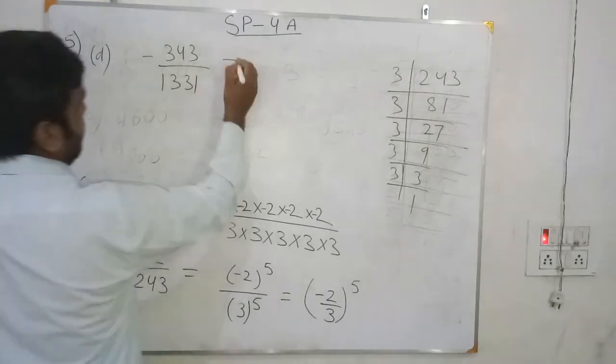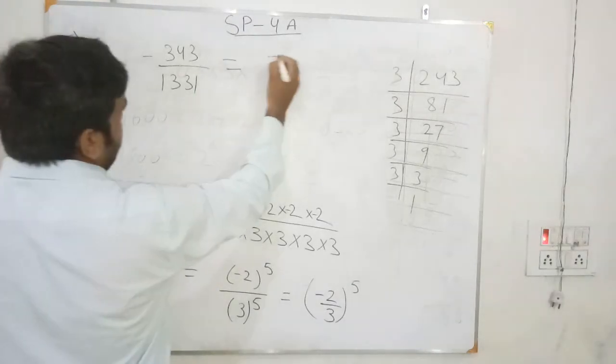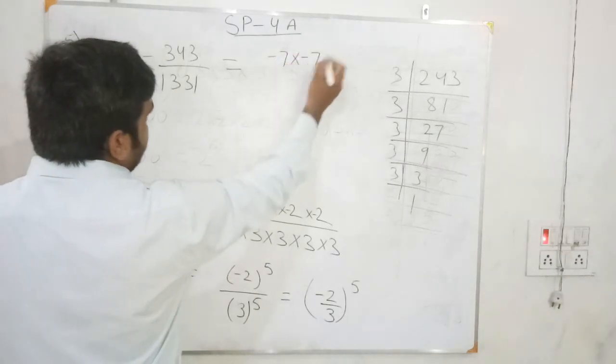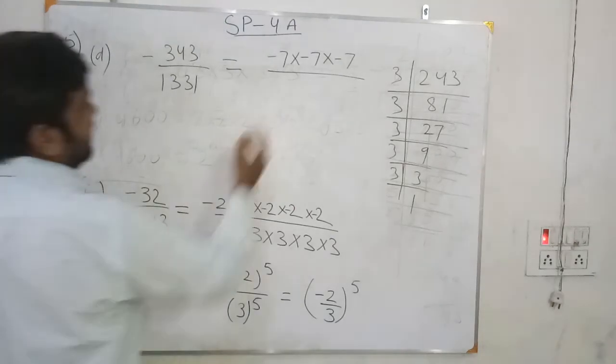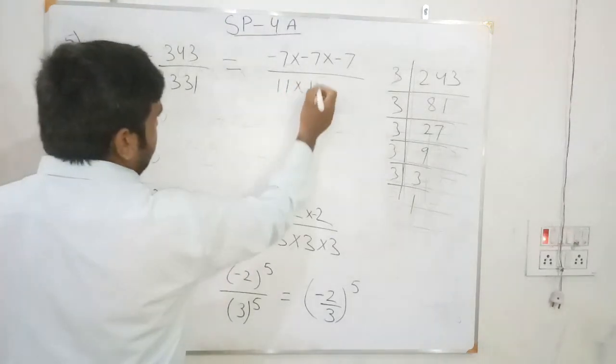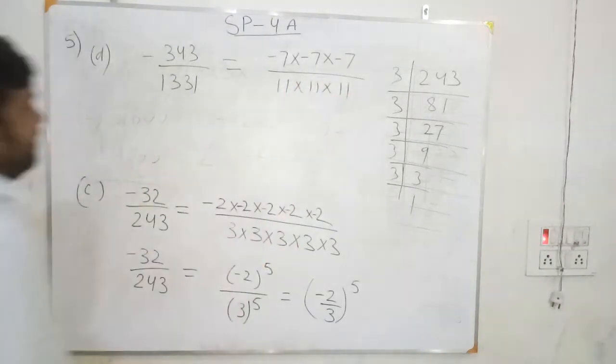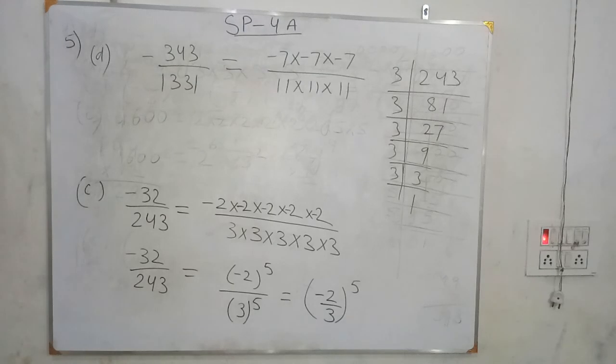Here 343 means -7 multiply -7 multiply -7, and 1331 is 11 multiply 11 multiply 11. So 11 11s are 121 and 121 11s are 1331.